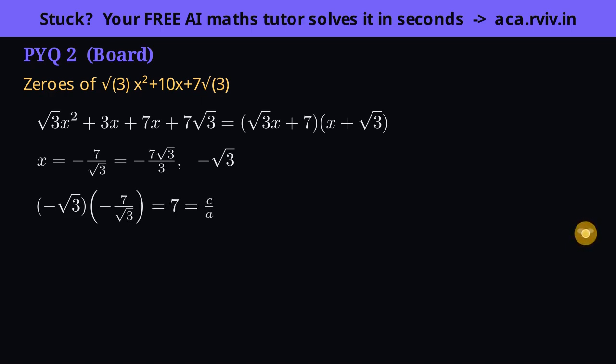Confirmed. So the zeros are minus root 3 and minus 7 root 3 over 3. The lesson: surds never change the method, split, factor, and verify exactly as always, just rationalizing at the end to present a tidy answer.